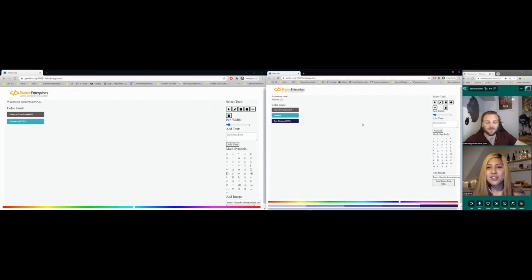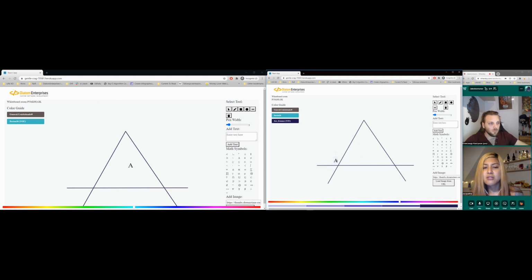So let's try another geometry question. Let me go ahead and draw the image here. I can see the triangle. Let me label it. So we have A, B, and C angles, right?